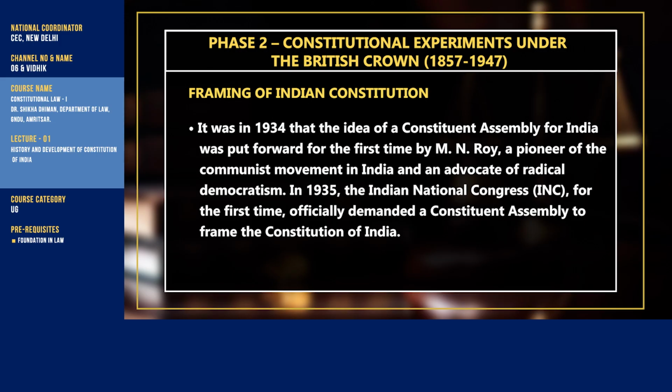It was in 1934 that the idea of a Constituent Assembly for India was put forward for the first time by M.N. Roy, a pioneer of the communist movement in India and an advocate of radical democratism. In 1935, the INC, that is the Indian National Congress, for the first time officially demanded a Constituent Assembly to frame the Constitution of India.